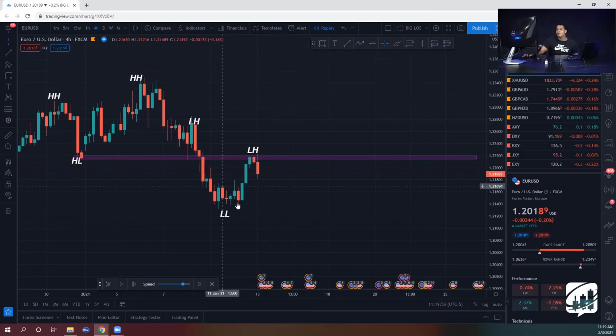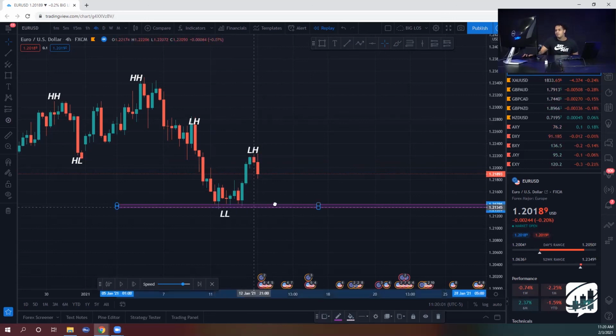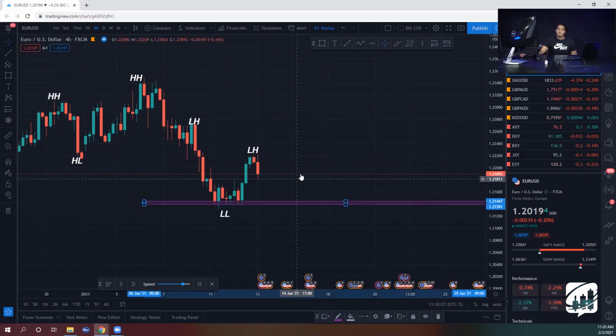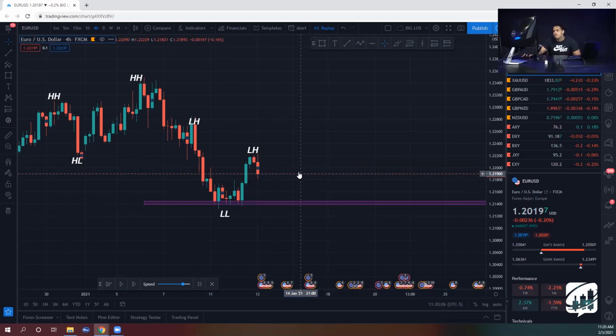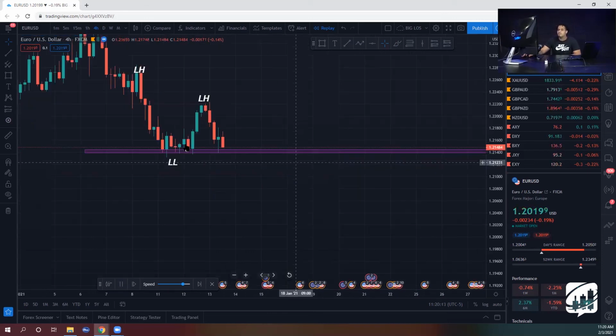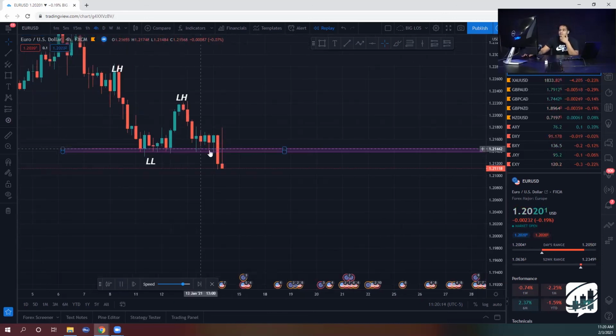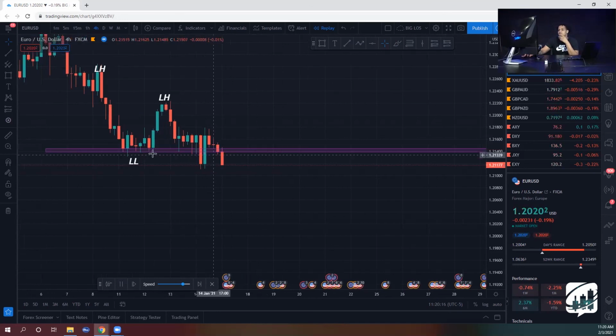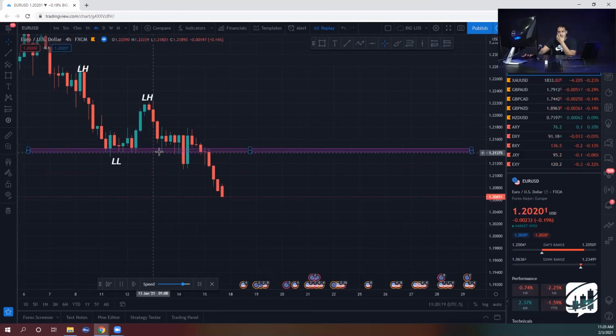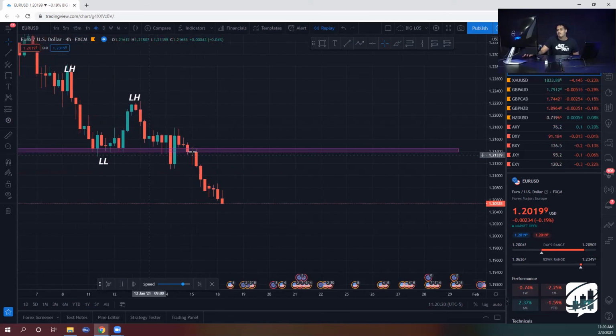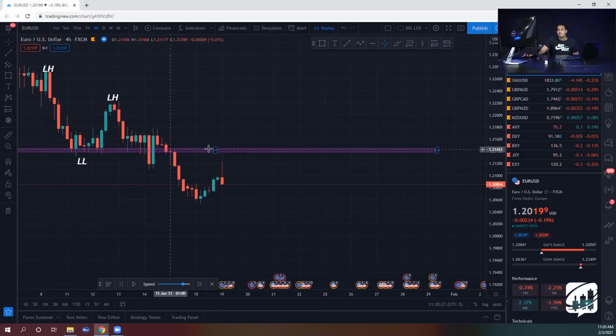Okay, so now we're waiting for the trade to make a lower low. And then on the retest, that's where you would get in. Okay, so let's play. Okay, boom. Lower low still not broken. Now the lower low is broken. Okay, now we're waiting for the retest so we could get in.